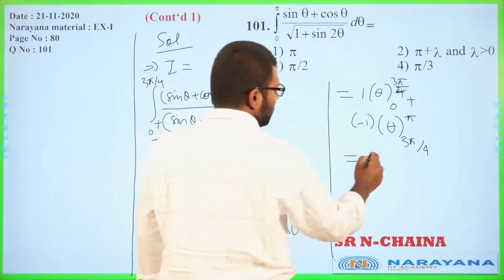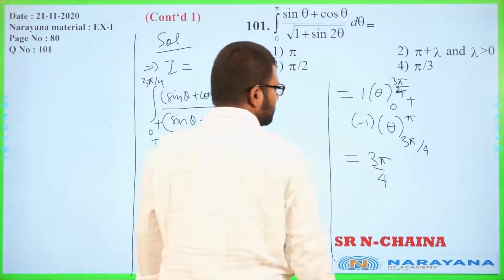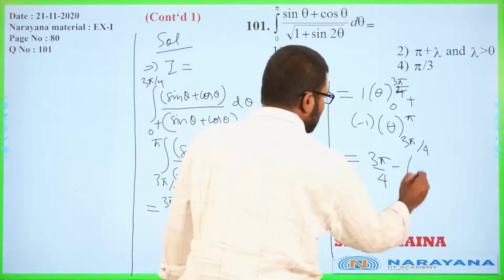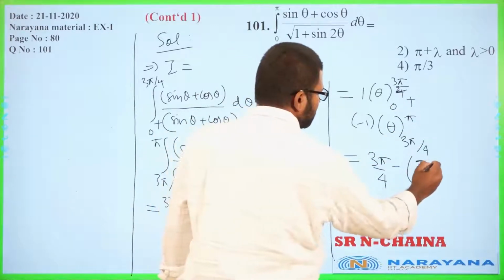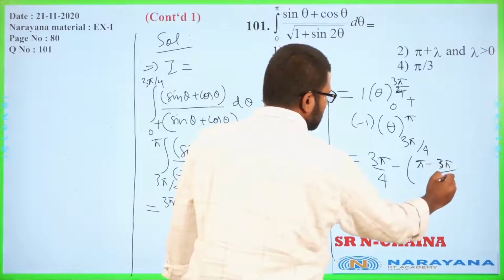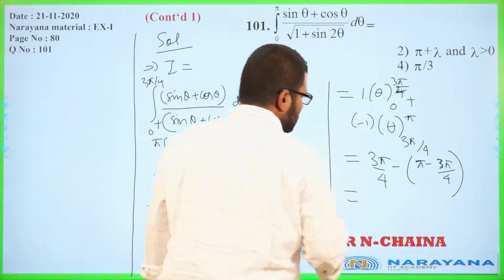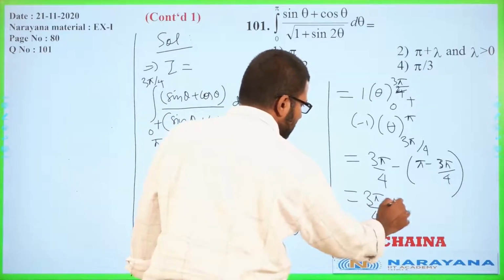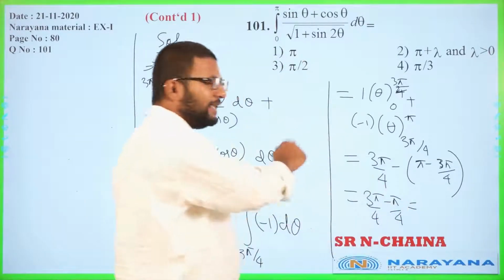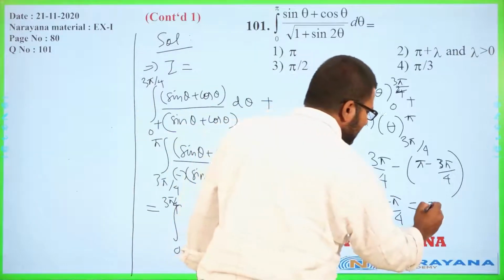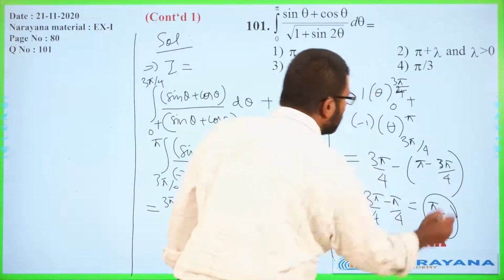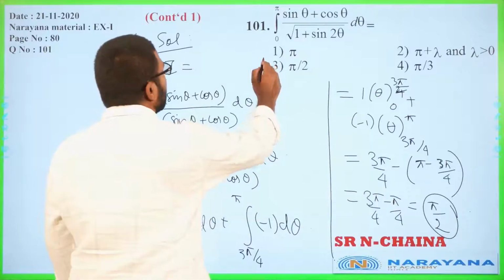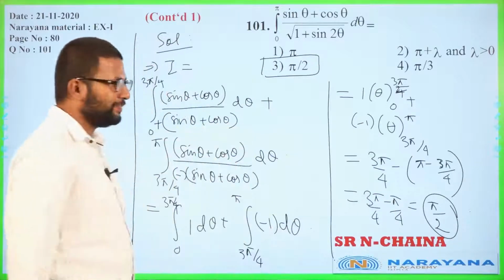So finally we are left with 3 pi by 4 minus (pi minus 3 pi by 4). That is 3 pi by 4 minus pi by 4, which is like 135 degrees minus 45 degrees, 90 degrees, or pi by 2 is the answer, pi by 2, right.